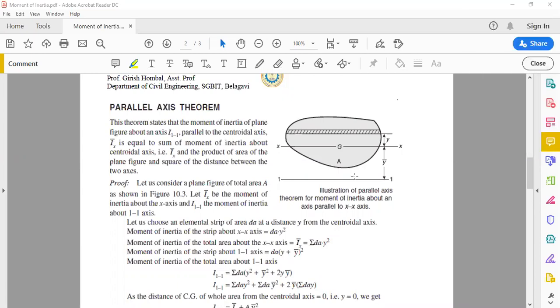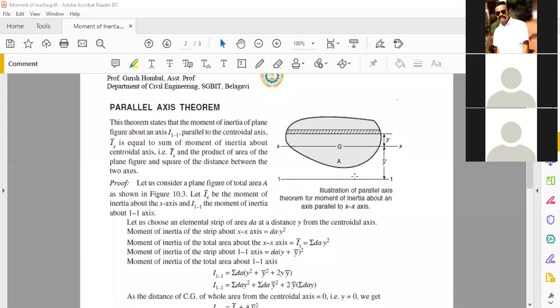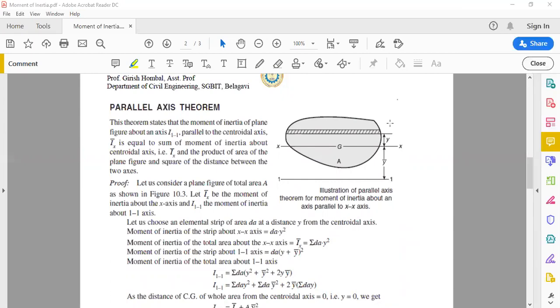It means that in this case I want I11, that is moment of inertia about the 1-1 axis.